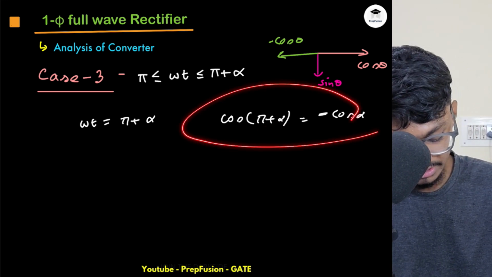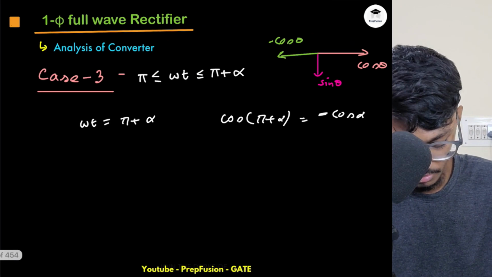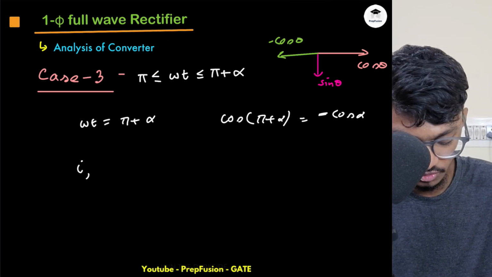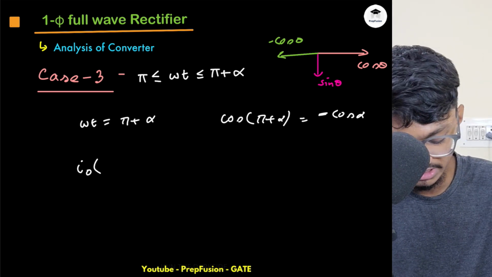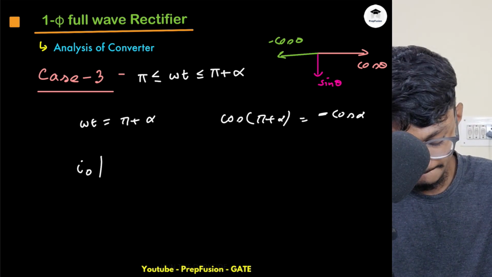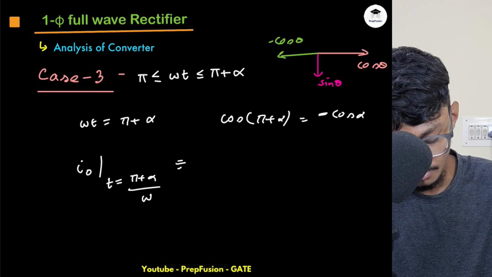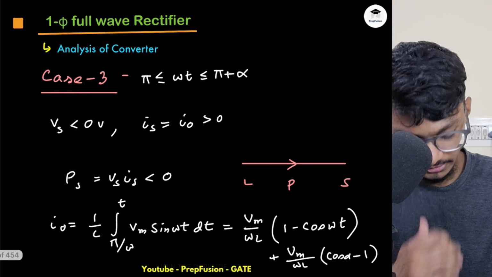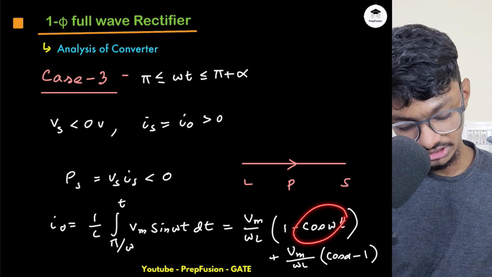So here I will replace this. I will put the output current at t equals to pi plus alpha by omega. Although you can understand this intuitively, I will explain through expressions as well. So what will be this value? This value will be cos alpha negative of it.